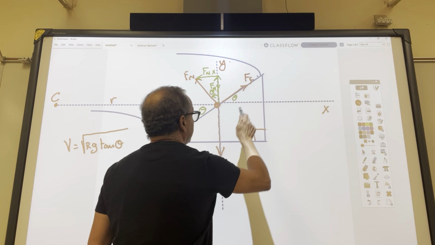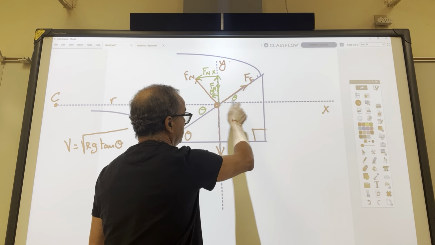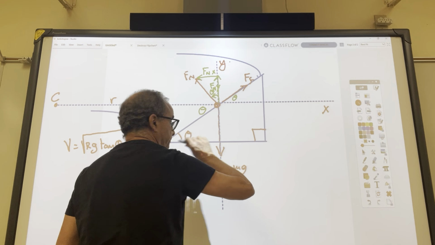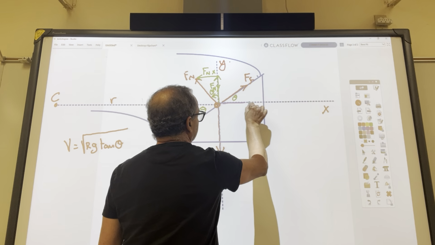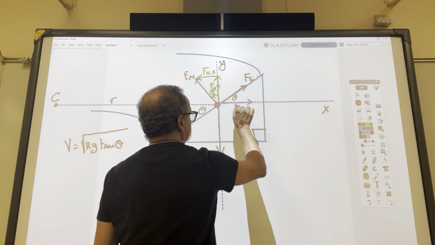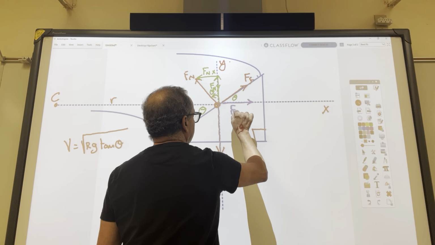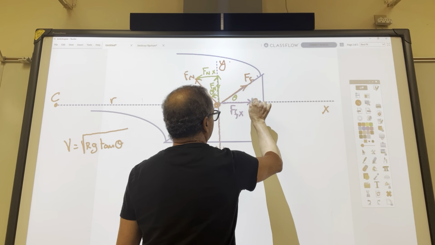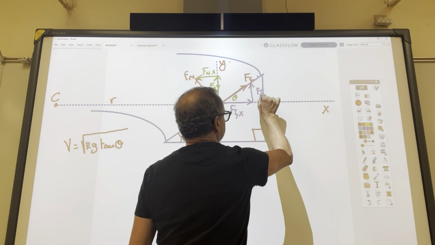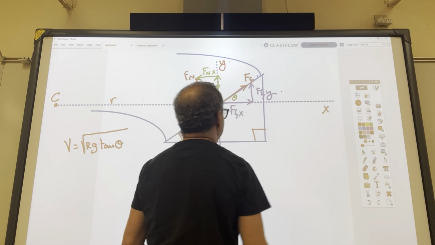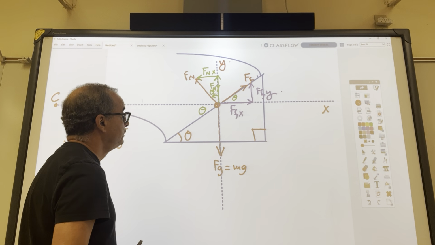Then we're going to decompose the friction into its x component and y component. I'm going to use a different color. This is the x component of the friction, f x, and the y component of the friction is f y. We have all the forces we need.